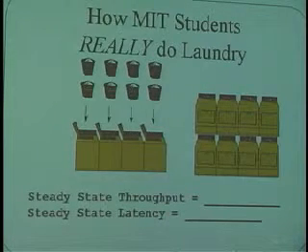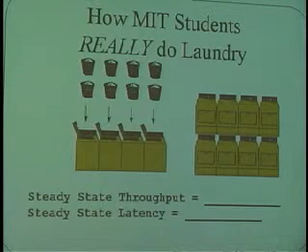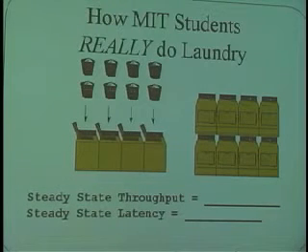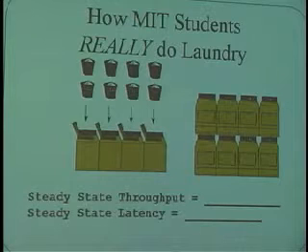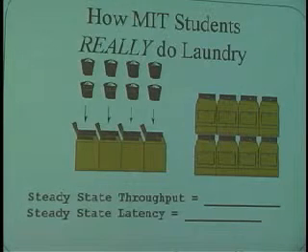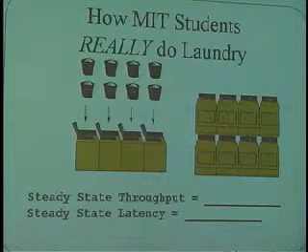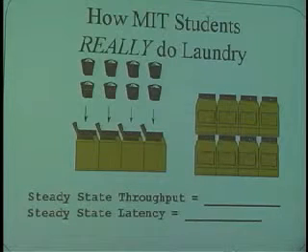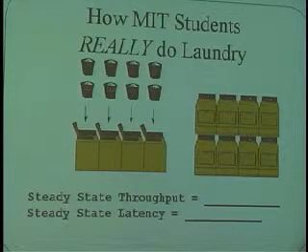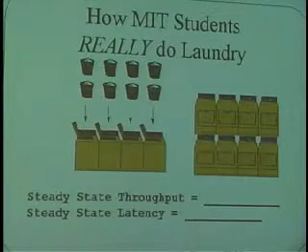And they gather together 8 or more things of laundry, and they go downstairs in the middle of the night to the basement of the dorm, and they take over all of the laundry machines there at the same time. And actually, if you go to the bottom of the dormitories there, you discover that there are, just like you guys said, twice as many dryers as there are washers.